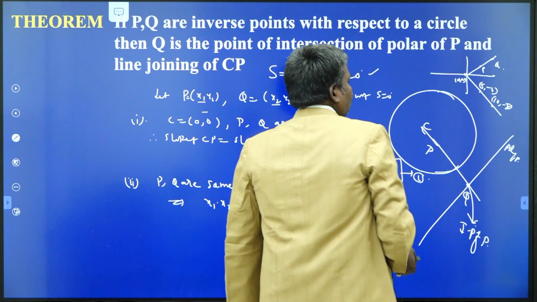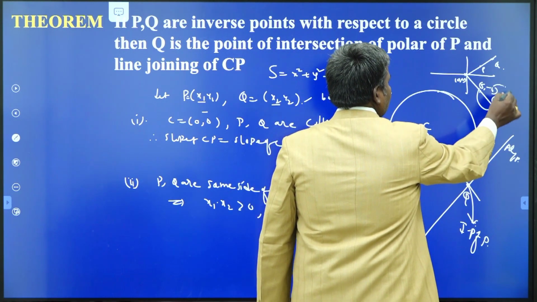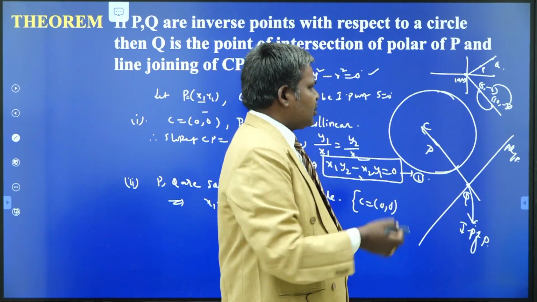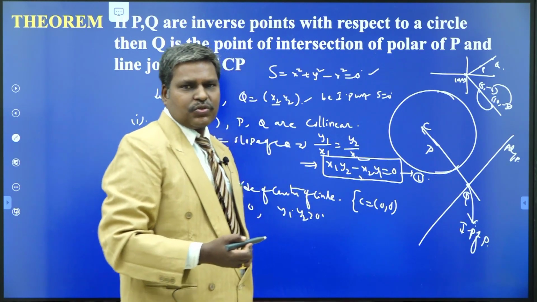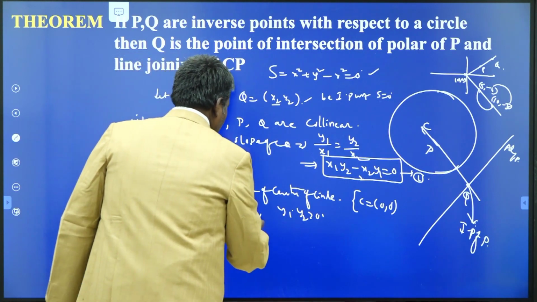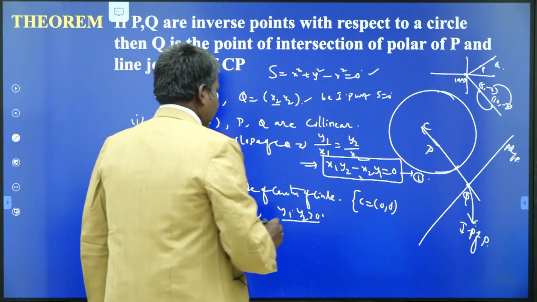The x coordinates are positive, their product is positive. The y coordinates are negative, their product is positive. So for collinear points on the same side of the center, the product of x coordinates and the product of y coordinates are positive. So x1 x2 is greater than 0, y1 y2 is also greater than 0. This is the second condition.